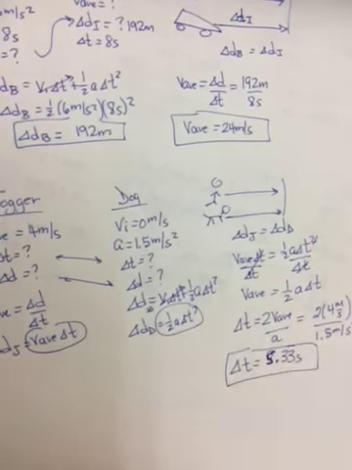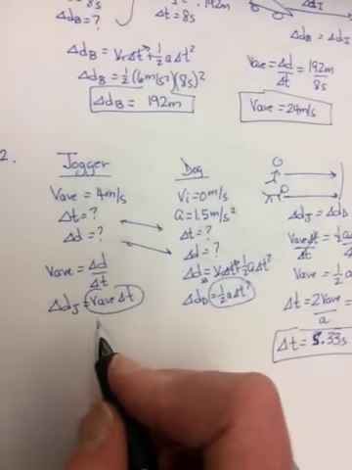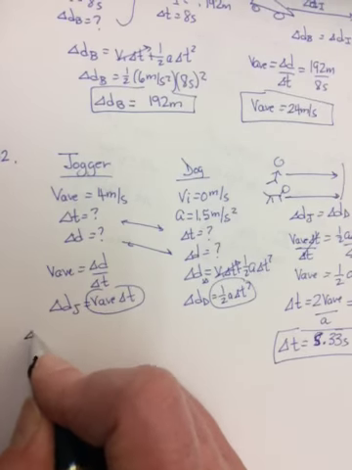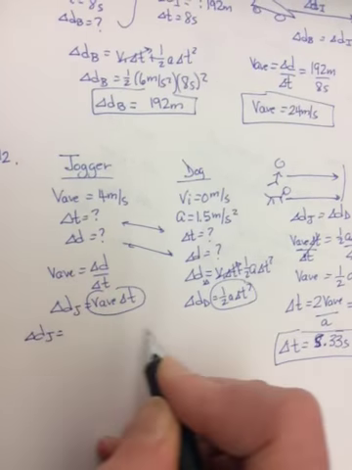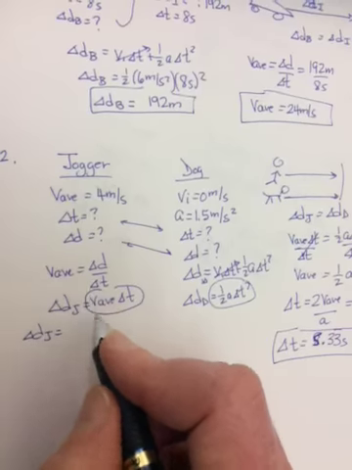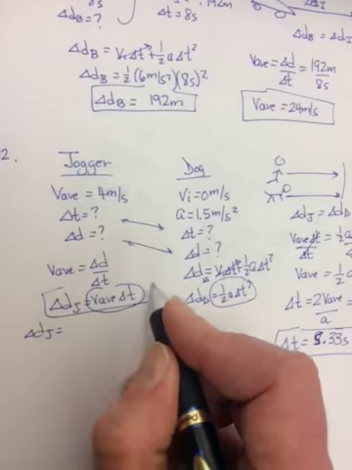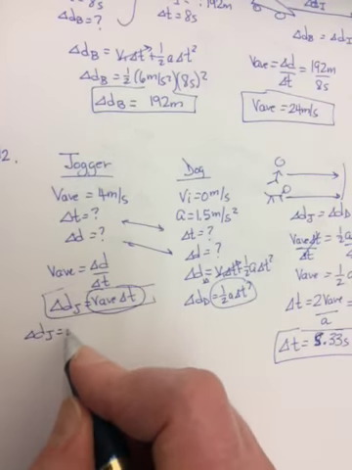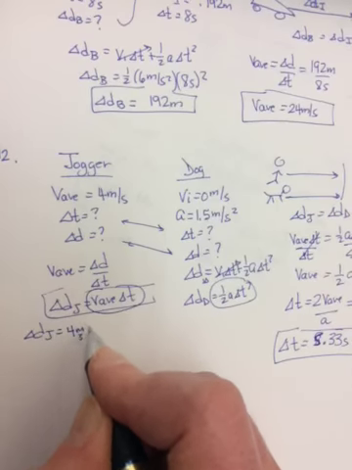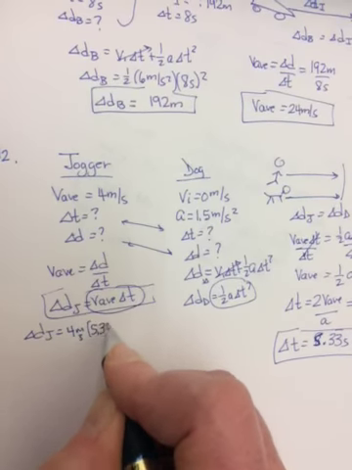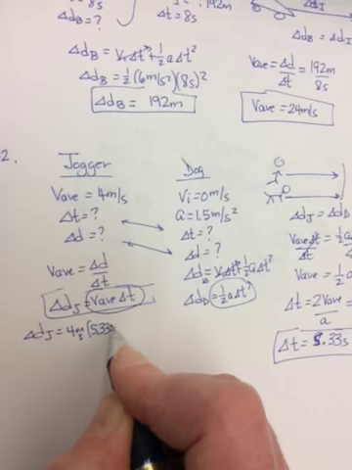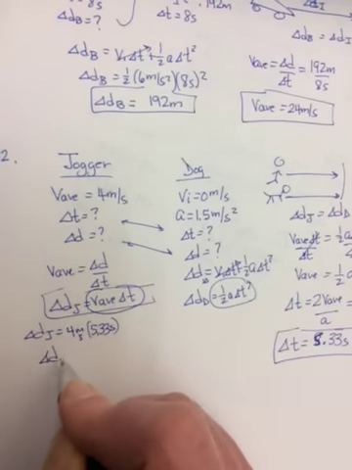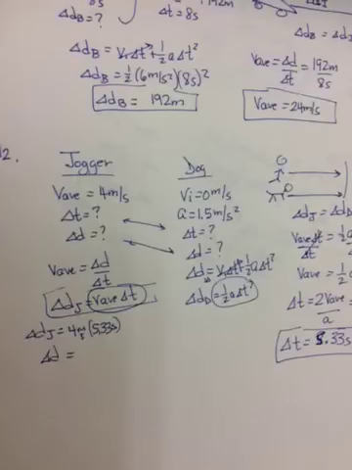If you wanted to know if you did it right, just like in math, you could check it. The question doesn't ask, this one doesn't, but lots of them will: how far did they each travel? So you could fill it in to your 2 delta D equations. So here it would be 4 meters per second times 5 1/3 seconds. And you're going to get 21 1/3, I believe.